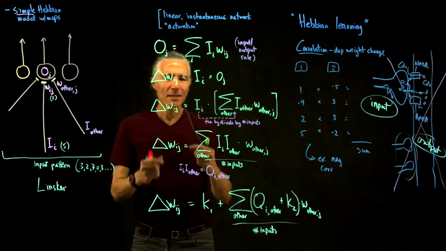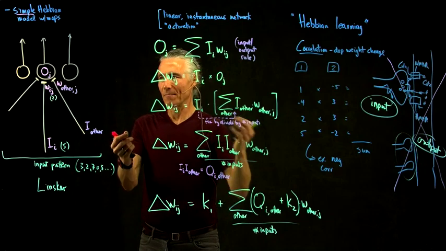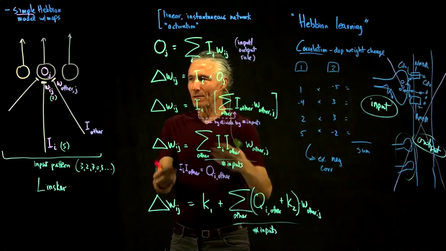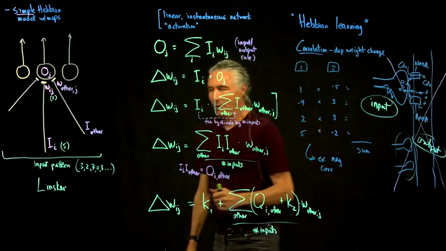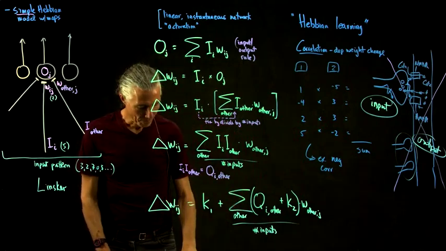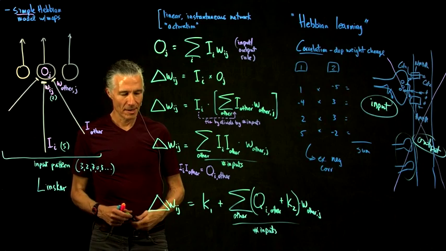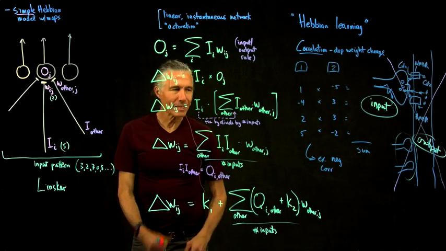It's just an instantaneous thing. You apply an input, you get an output, you're done. You apply another input, get another output, change the weights, you're done. So that's the absolutely simplest model we could make of how a network works.